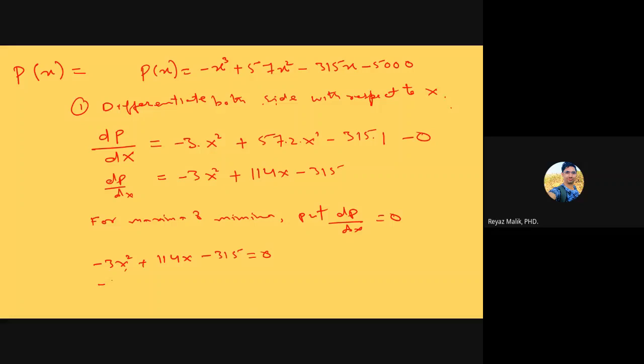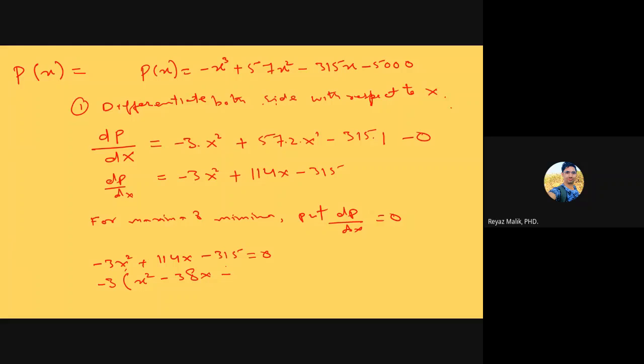This will be minus 3 taken common. What will be left in it? x square will be left here. This plus will become minus because we have taken minus common. 114 divided by 3 is 38, so it will be left as 38x, correct?